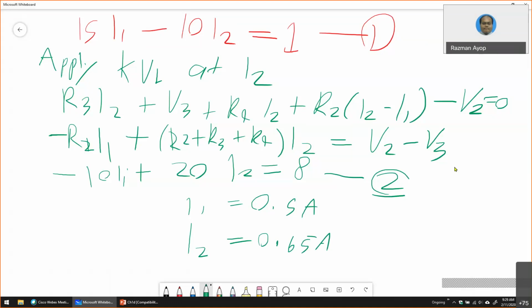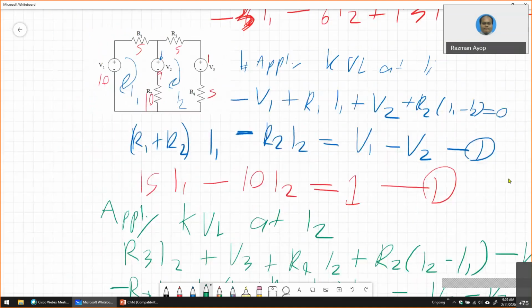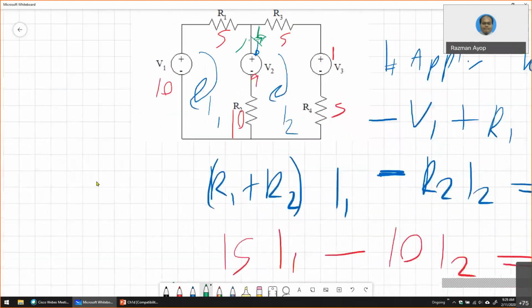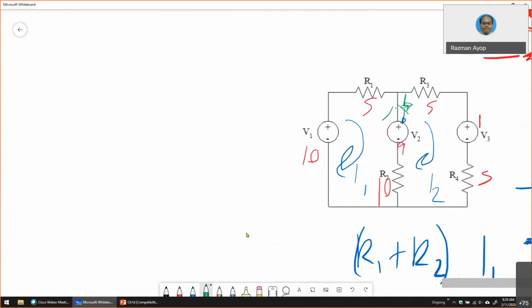How about branch current? For example, what is the current IA? IA is basically I2 minus I1, because it goes in the up direction, so follow I2.